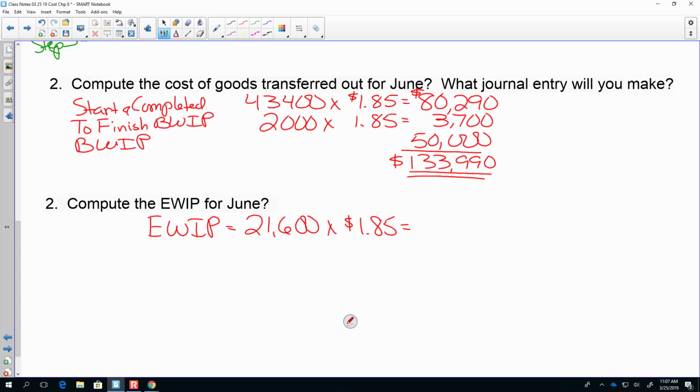How much do we get there? 39,960. And here's the problem. Now when I do step 5, which is the reconciliation, I add the two together and I don't get to 174. What do I get to? 173,950.